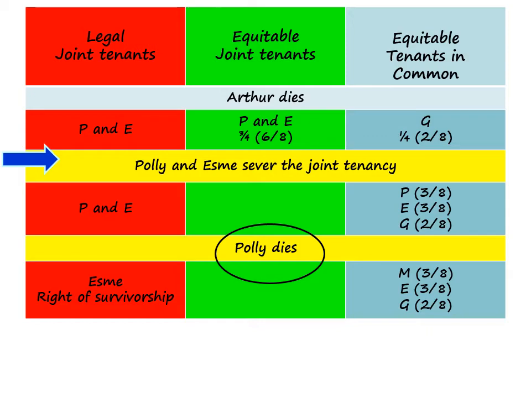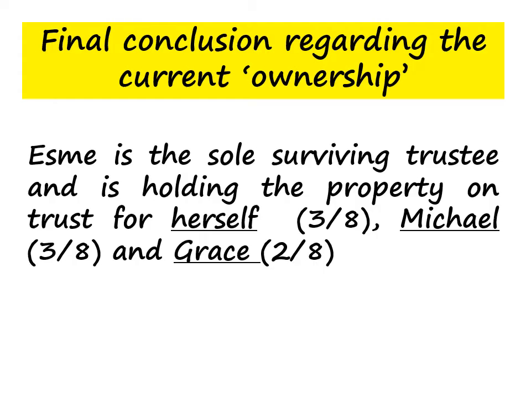So my final advice regarding the current ownership of the property is that Esme is the sole surviving trustee and legal owner, and she's holding the property on trust for herself, Michael and Grace, and the shares are 3/8, 3/8 and 2/8 respectively.